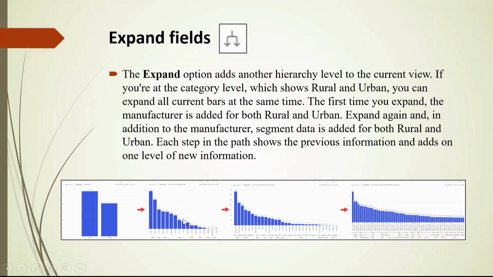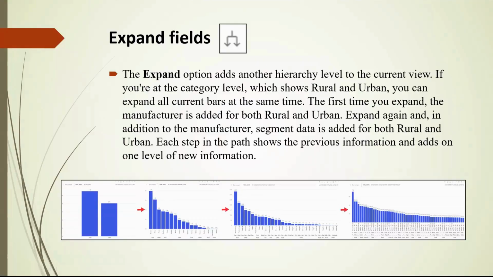You can expand all current bars at the same time, where you will be able to see the rural region in detail, and also the urban region in detail at the same time, in addition to the manufacturer segment data. Everything is added for both rural and urban, and each step shows the previous information and adds one level of new information.